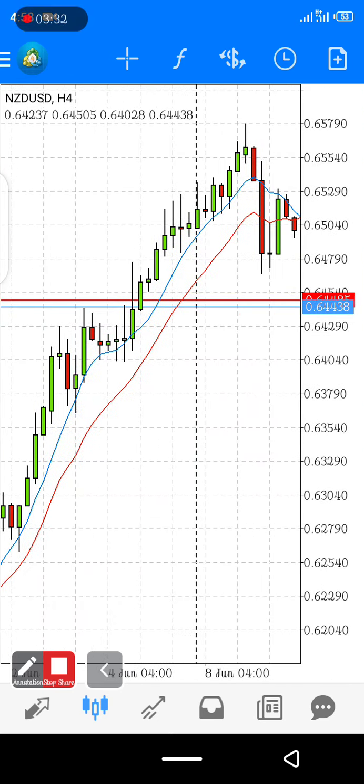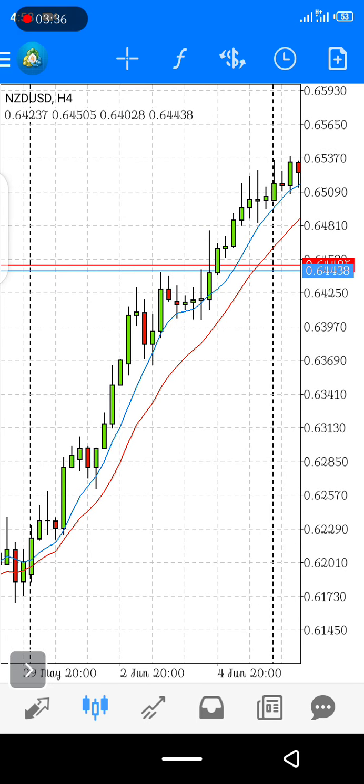Now, there are things you need to know. A moving average helps indicate trends. It helps identify entry points and exit points in a trade.